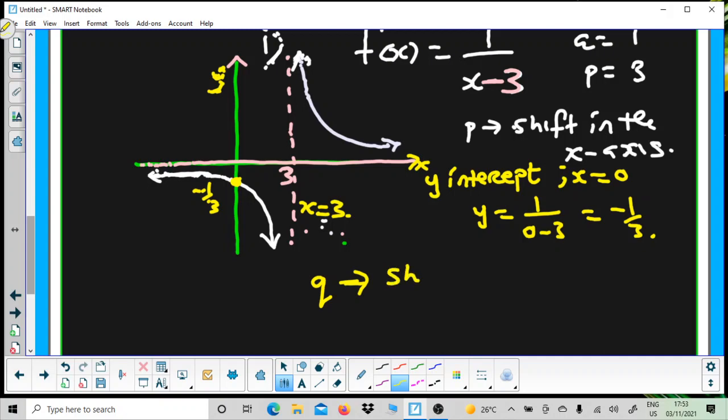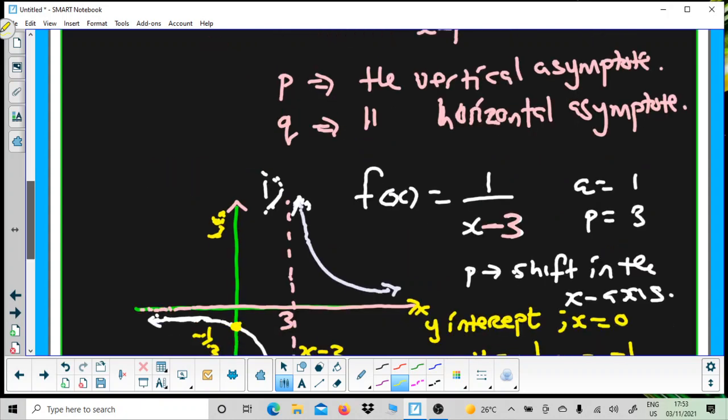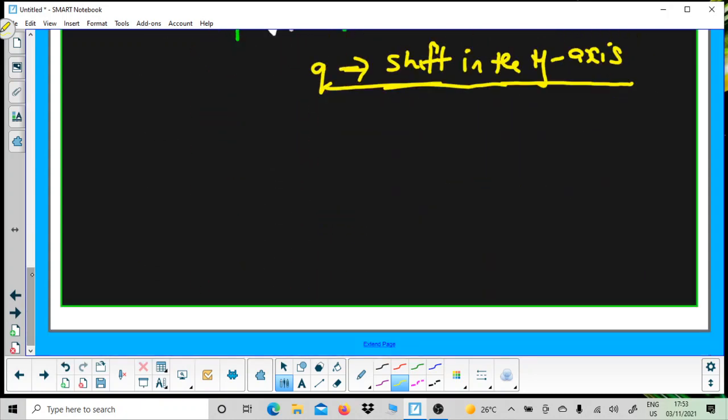Okay, so this one you do not have a shift in the y-axis, and it's also just what do we call it? A horizontal asymptote. So to give an example, I hope I still have space. Okay, I do. Let me just put my y-axis here. Let me put my x-axis here. It's kind of slant, but I'm fine with it.